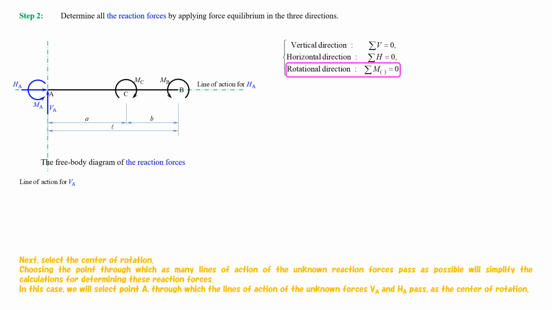Next, select the center of rotation. Choosing the point through which as many lines of action of the unknown reaction forces pass as possible will simplify the calculations for determining these reaction forces. In this case, we will select point A, through which the lines of action of the unknown forces VA and HA pass, as the center of rotation.